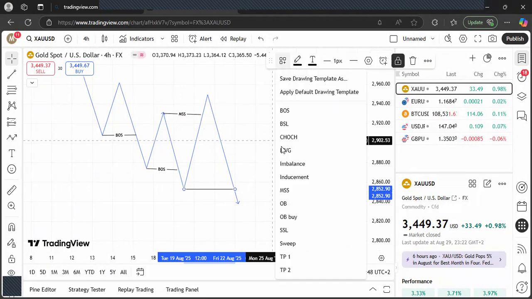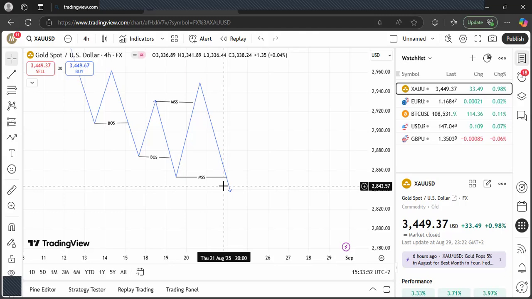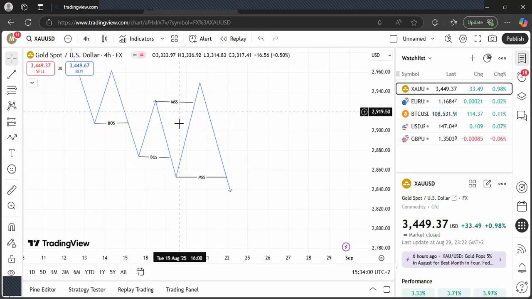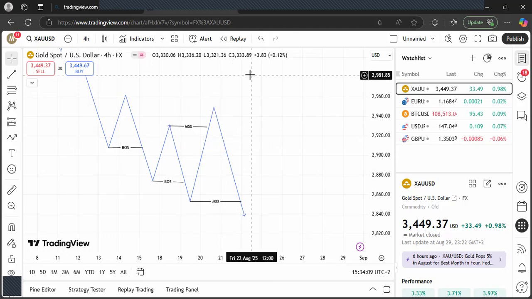Normally, everyone would say that, but it is wrong, even though it looks perfect. Market structure doesn't follow another market structure. Break of structure follows market structure shift, and then market structure shift is followed again by what? Break of structure again, over and over.